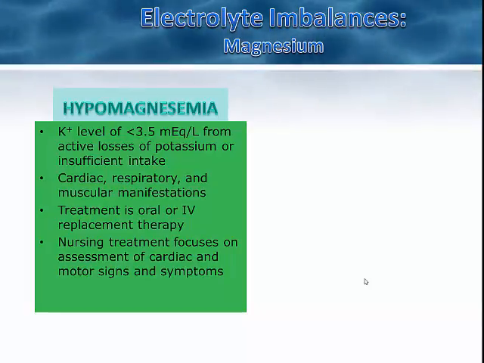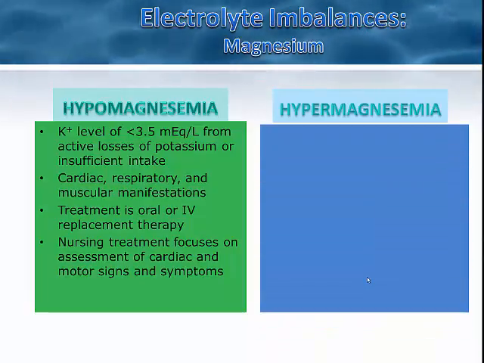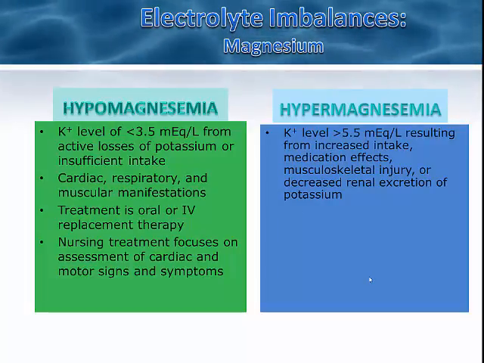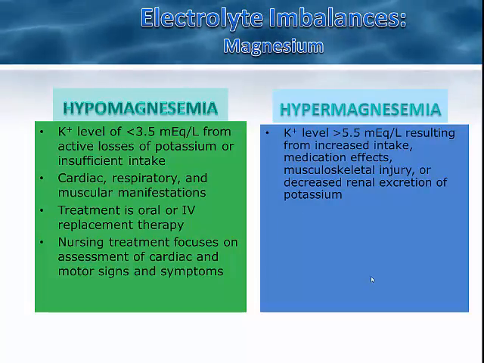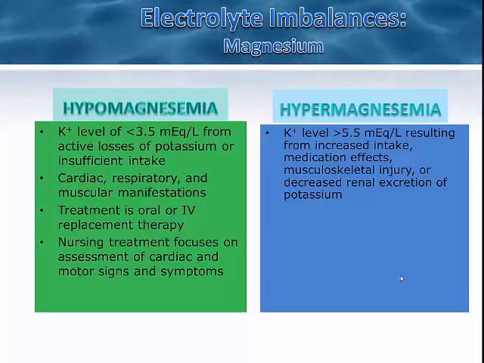For hypermagnesemia, again, we're looking at that hyperkalemia. And these have a direct relationship. So when potassium is high, you will have high magnesium as well. So it could result from that high potassium level. It could be a result from increased intake or medication effects.